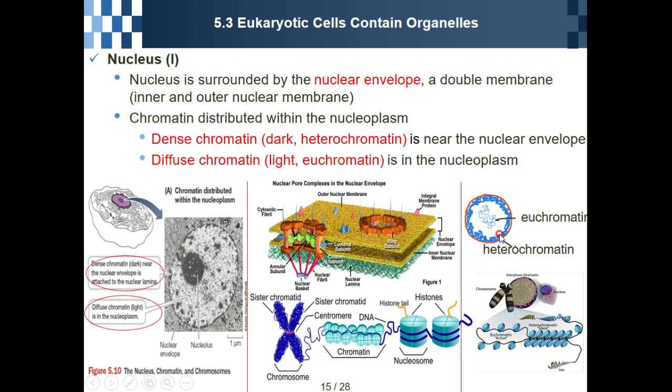If you look here, this is the nuclear envelope, and below the inner membrane there is a nuclear lamina. The dense chromatin we call heterochromatin, the dark area. In the very light region, there is a lot of euchromatin.